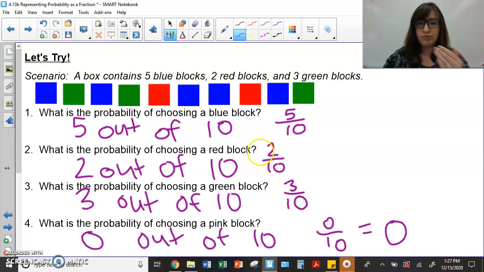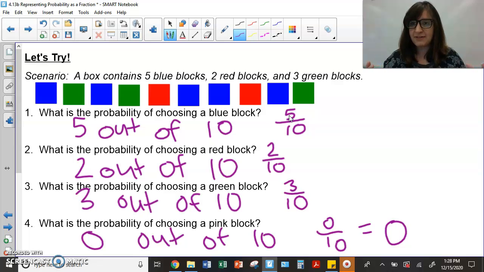So if I were to pick a red versus any other color in this box, it would be unlikely. It's a 2 out of 10 chance, which is unlikely. Same goes for my green blocks, 3 out of 10. So I could use the word unlikely to describe these, or I could use number values, fraction values to represent it as well. When I'm talking about blue blocks, there are 5 that are blue and there are 5 that are not blue.